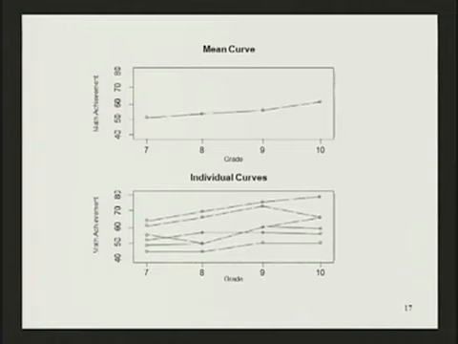And you can also ask about the variation in the growth rate. Is this variation explainable by covariates? What makes kids grow differently in math achievement over time? What are the observed covariates that predict that?